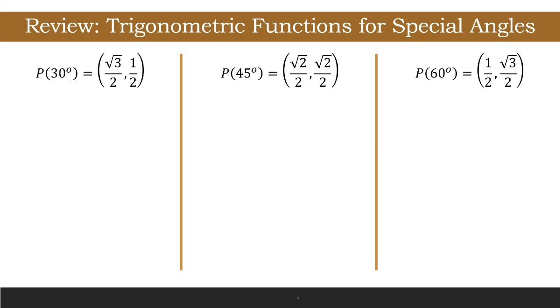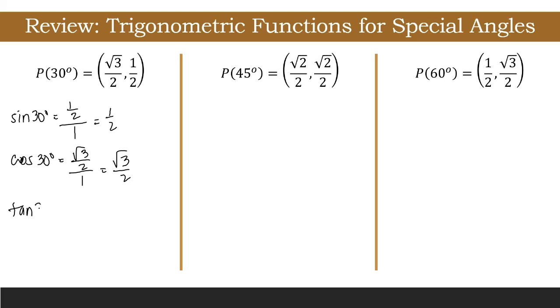For sine 30, we know that it is y over r. Ang y natin ay 1/2, ang r natin ay 1 dahil galing lang tayo sa unit circle. That is why this is 1/2. For cosine 30 naman, meron tayong x over r, square root of 3 over 2 over 1, or simply square root of 3 over 2.